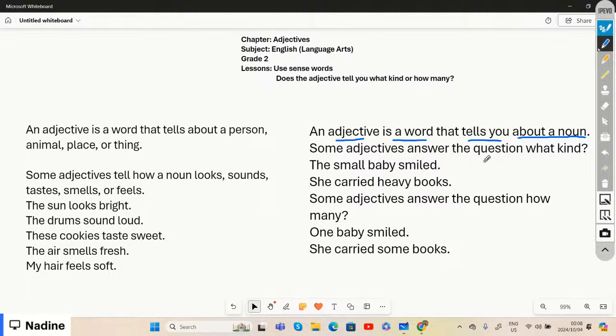And some adjectives answer the question, what kind?